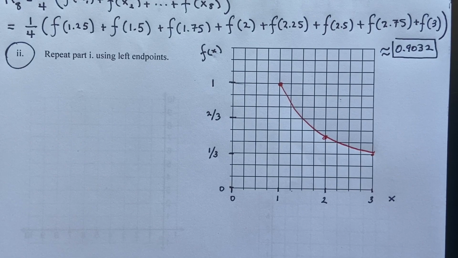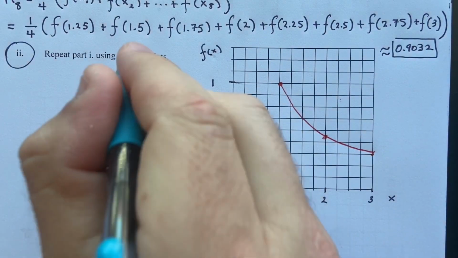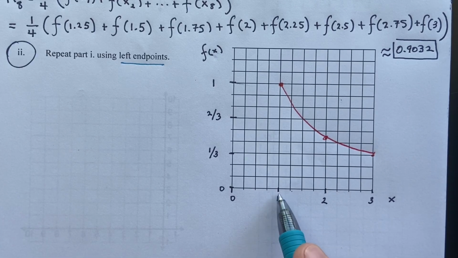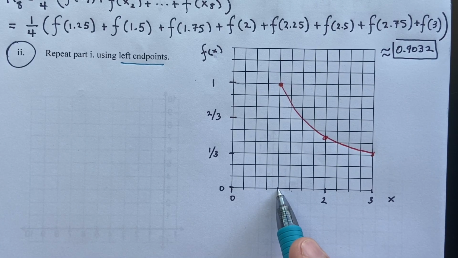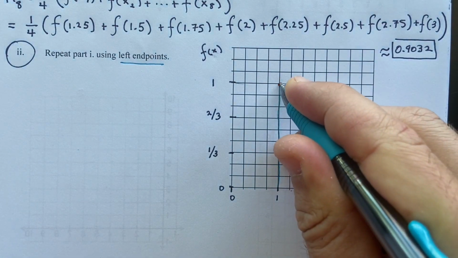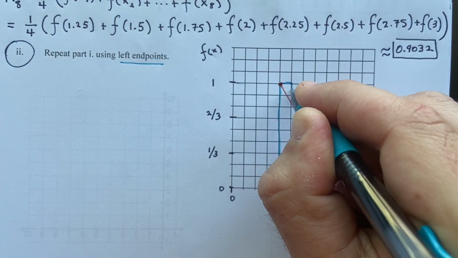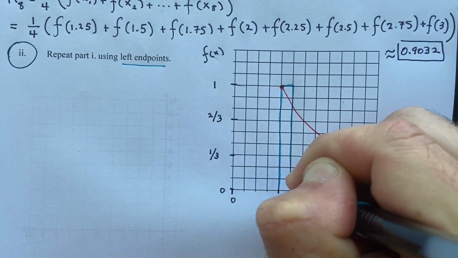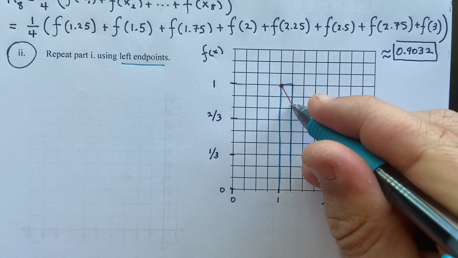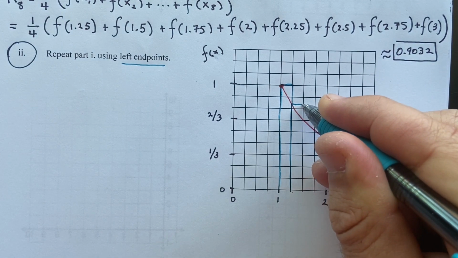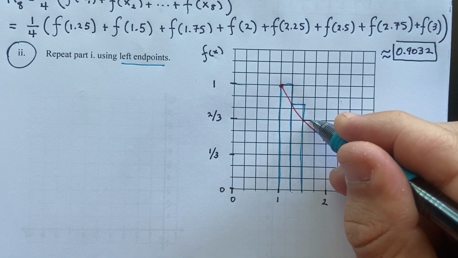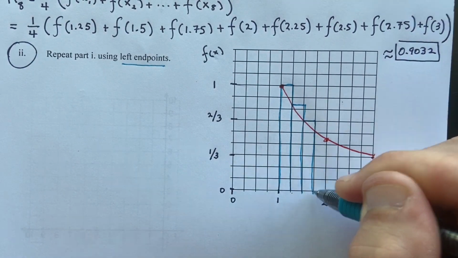And then for the left endpoints, I'll do these in light blue. So here's the left part of my first interval. So I'm going to go up from there until I hit the function, and then go to the right, and then come down to the next beginning of the interval. Here, go up until I hit the function, go over until I get to the next interval. Here, go up until I hit the function, over.